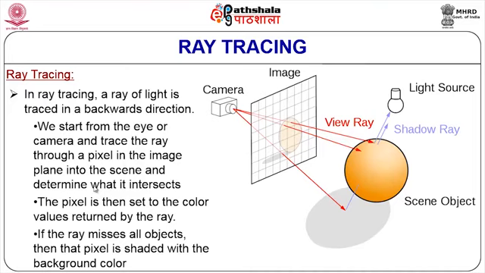No. Why? Because we are not interested in all those light rays that emanate from the light source and go in all possible directions and finally do not reach this grid. If we tracked the light from the source in various directions, we would be wasting a lot of time and resources, and a lot of processing power as well.